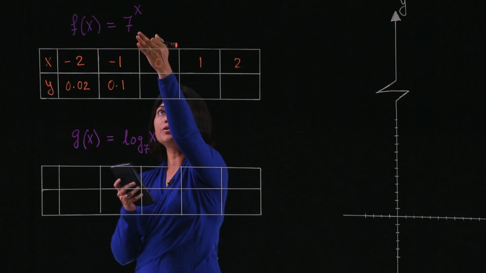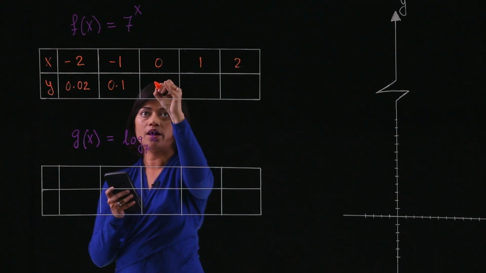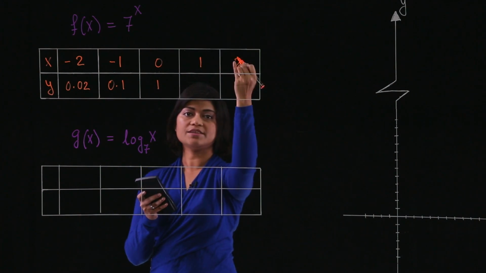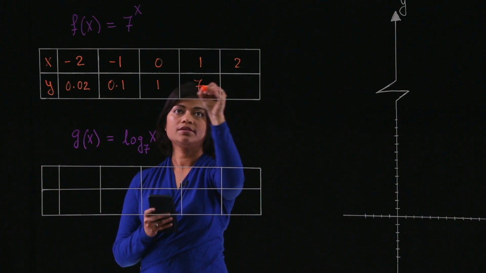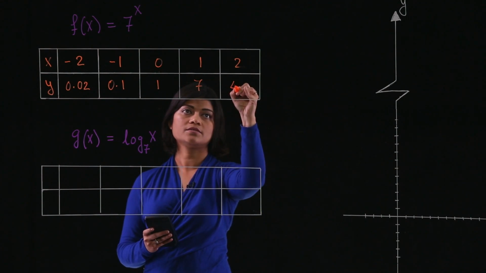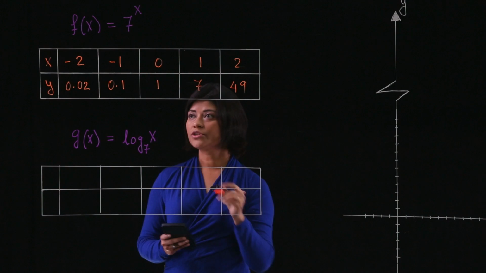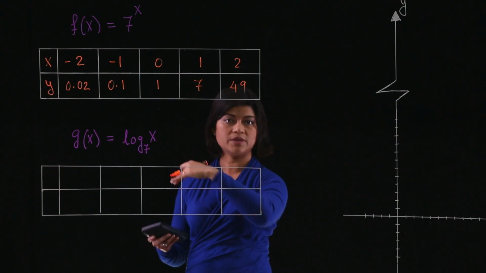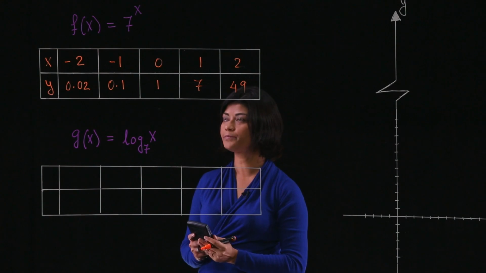For 0, you can see 7 to the power 0 will be 1. Then when you plug in x equals 1, 7 to the power 1 is 7. And when you plug in x equals 2, 7 squared, you know that's 49. So we have some points on that graph. So we can just plot them and we'll join and we'll get our graph.